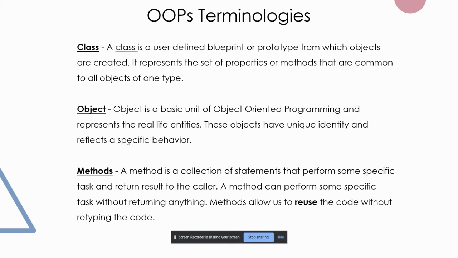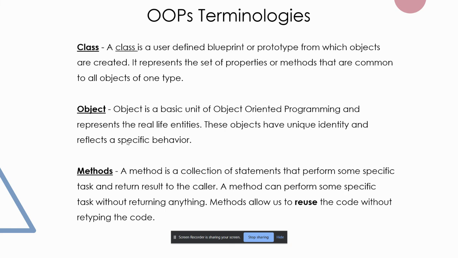A method is a collection of statements that perform some specific task and return result to the caller. A method can perform some specific task without returning anything. Methods allow us to reuse the code without retyping the code. In Java, every method must be a part of some class, which is different from languages like C, C++, and Python. Methods are time savers and help us to reuse the code without retyping the code.